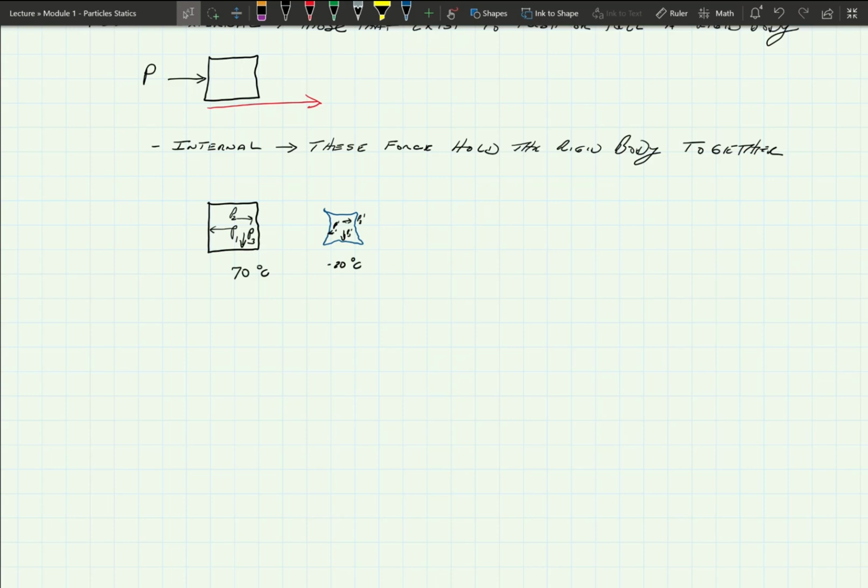All right. Where are we going here? Let's see. What else do I want to talk about with external forces? Well, let's do this. I want to talk about Newton's laws of motion.